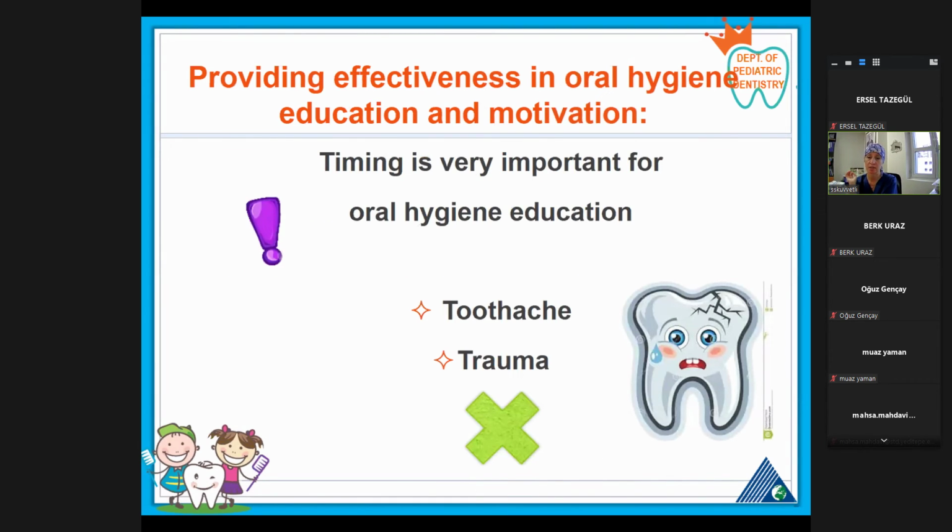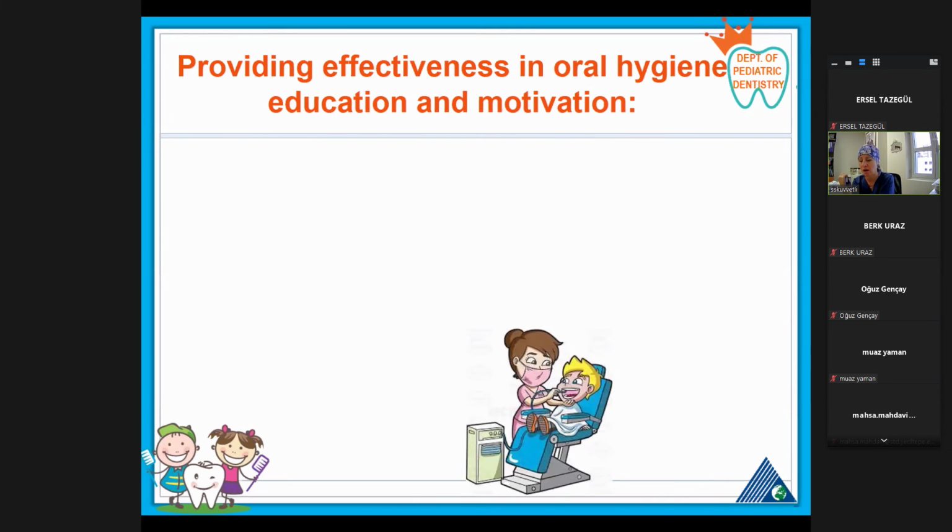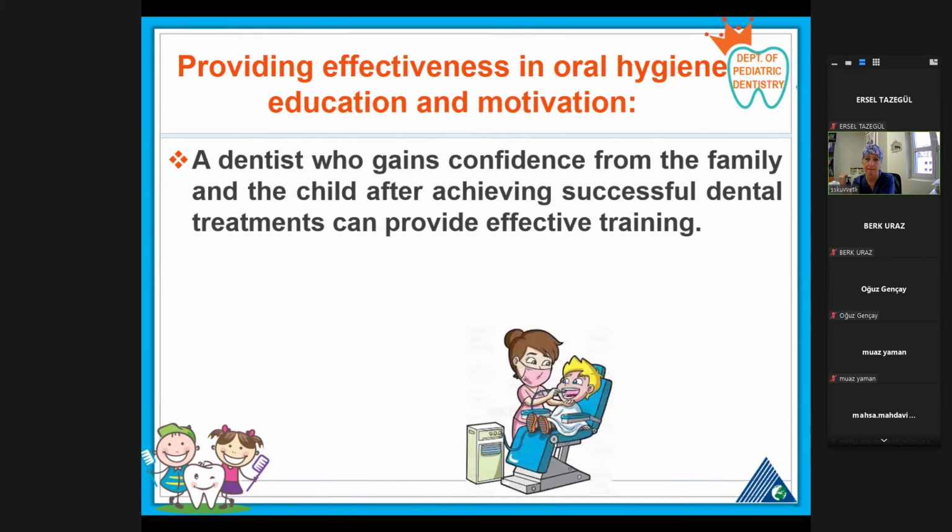And you should keep in mind that timing is very important for oral hygiene education. When you have a patient with a toothache, who didn't sleep well during the night, has a dental fear and is crying, or they came with a dental trauma, a broken tooth or a fallen out tooth, something like that, you will not be successful in the dental hygiene education.